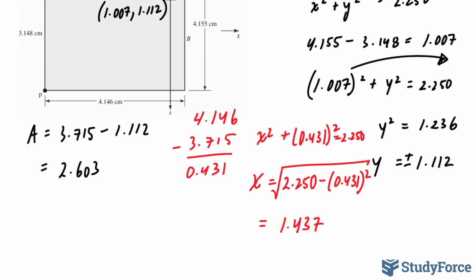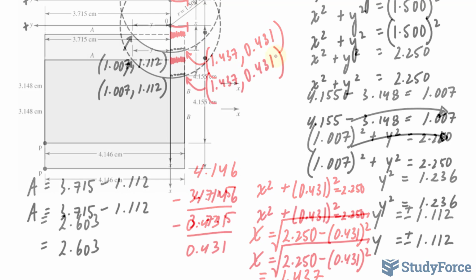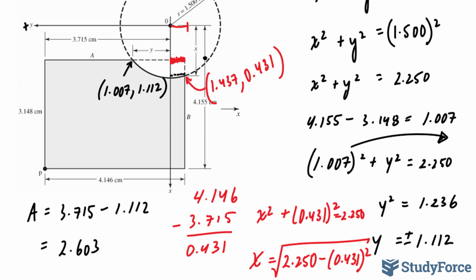This number tells me the point right here. In fact, we have the coordinates 1.437 and 0.431. Now all I have to do is subtract 4.155 from the x value that we just found, and that will give us b.